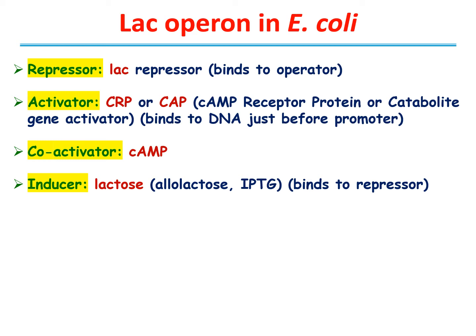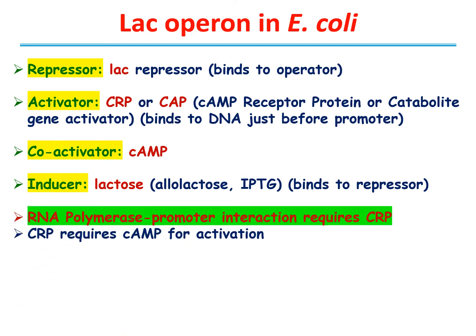There is another inducer in the case of the lac operon, which is IPTG, isopropyl thiogalactoside. It is a non-metabolizable inducer, and it is frequently used in research work. So again, summing up the same thing. For the RNA polymerase promoter interaction to be strong, it needs CRP, the activator.